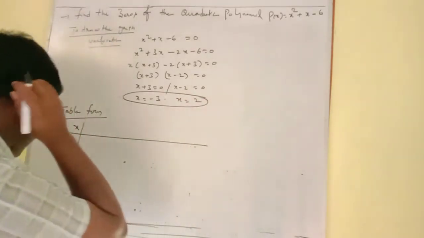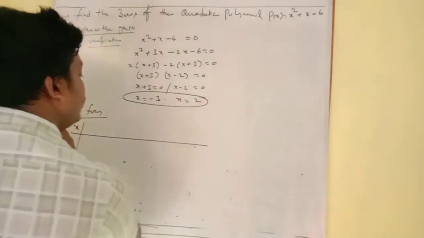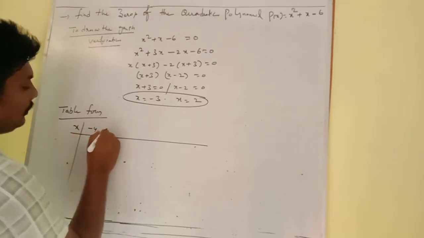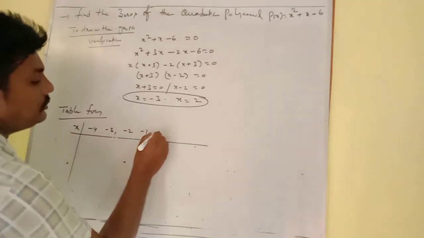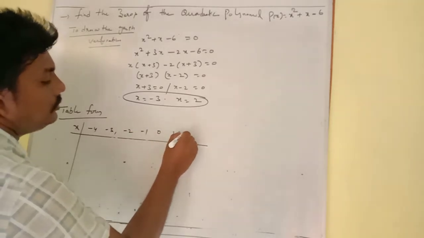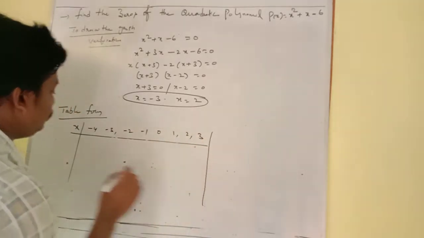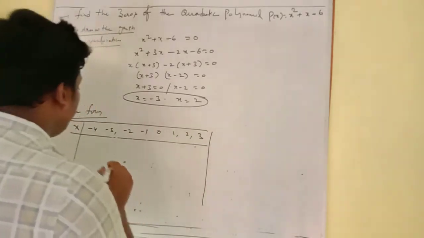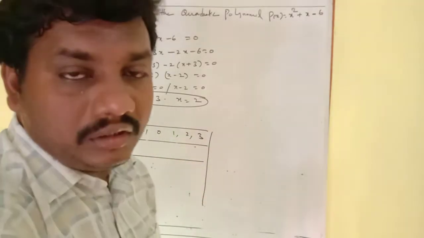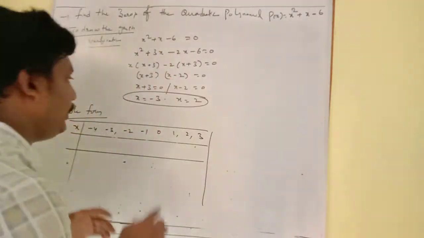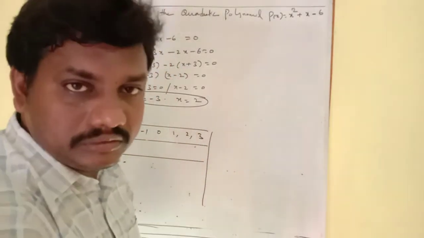That's the reason why I am taking one value beside this, that is minus 4, minus 3, minus 2, minus 1, 0, 1, 2, 3. To draw a neat diagram of the graph, I should consider the values like this.